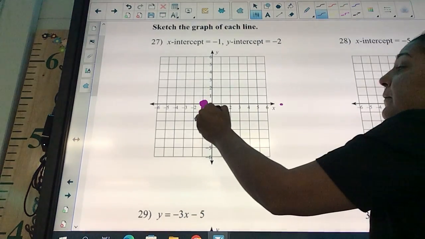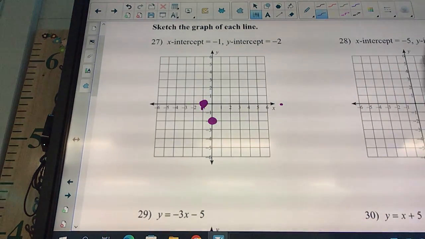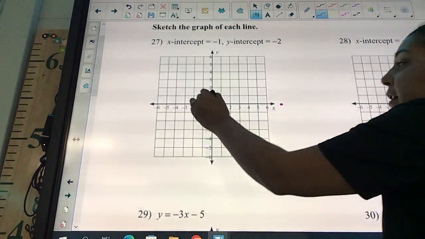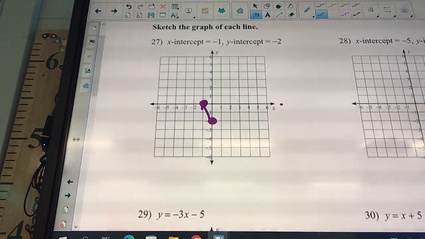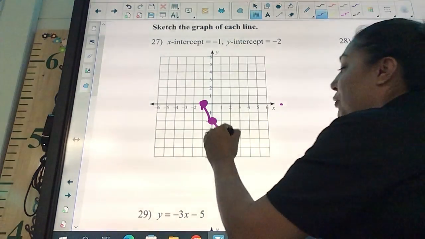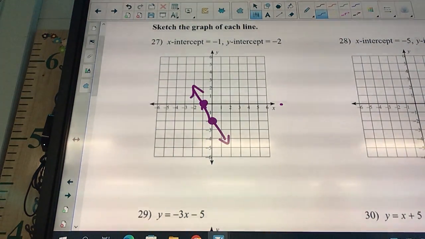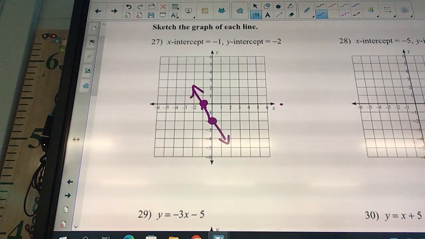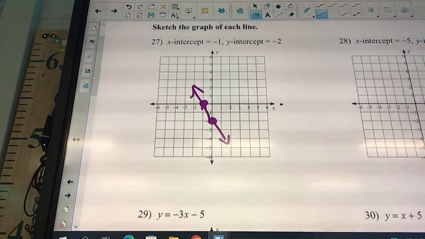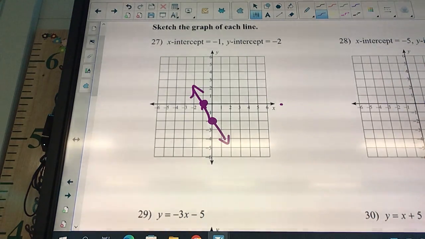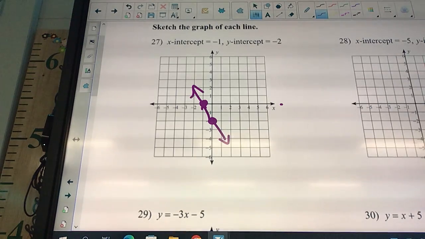Go to the y line, find the -2. Chase, why is this not right? That's right, Chase. Draw me arrows. This is a line, you gotta draw the line. You gotta draw arrows.